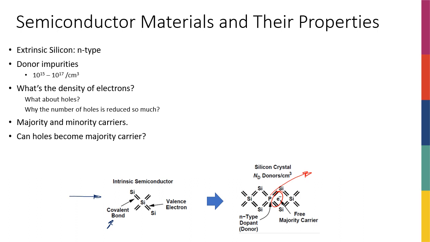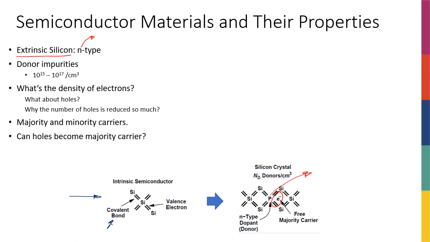Okay, so we call this extrinsic silicon because it's not intrinsic, because it's not only silicon, it is silicon and a group 5 type of material, or N-type material. And because it's adding a negative charge.